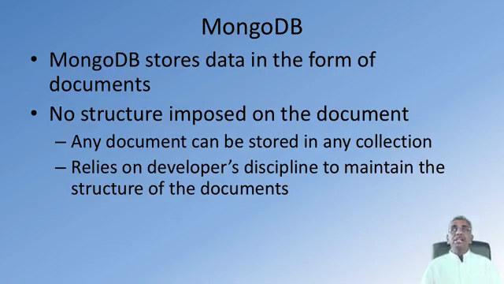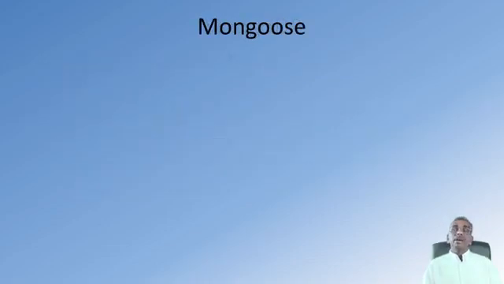This is where we will need a more formal way of imposing a structure on the documents that are stored in a collection in a MongoDB database. This is where the Mongoose node module comes to our help. The Mongoose node module imposes a standardized structure for the documents that are stored in a particular collection.